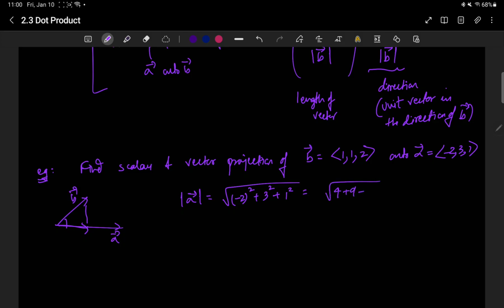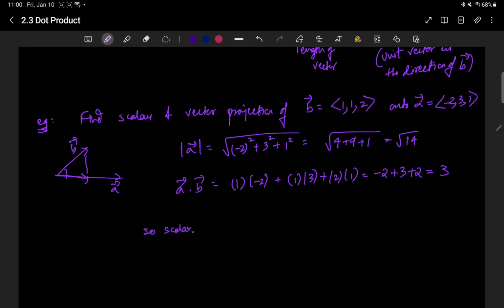That's 4 plus 9 plus 1, which is root 14. And A dot B is going to be 1 times -2 plus 1 times 3 plus 2 times 1. -2 plus 3 plus 2 is 3.